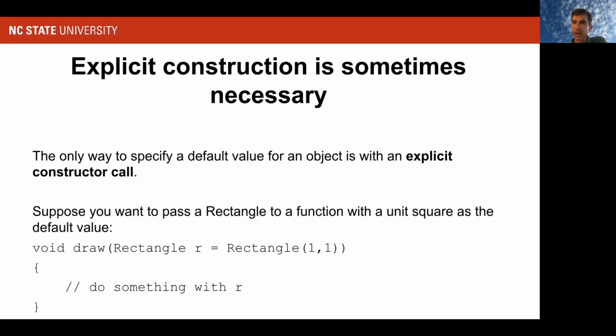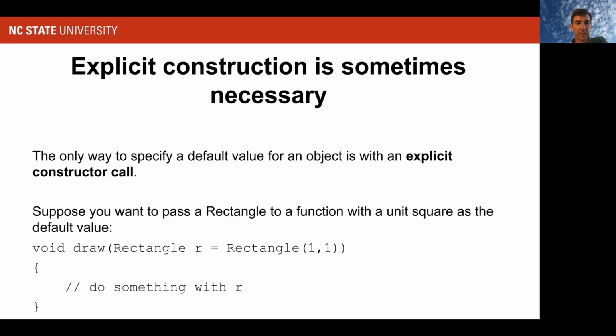Okay, the other thing I want to point out is it may seem like, why do I ever need to do explicit construction? Why can't I just always do it implicitly? There are times when explicit construction is very useful. Let's say I'm passing a rectangle to a function and I want to give that rectangle a default value.